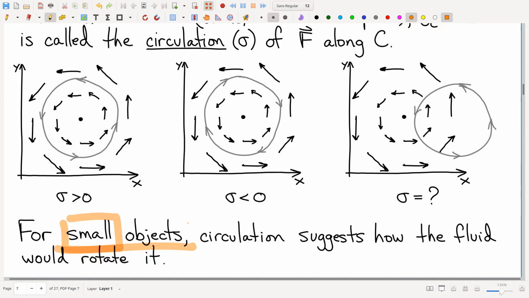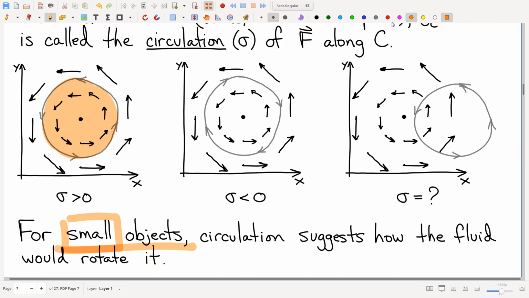So on a small object, such as, for example, by the way, this being right in the middle of fall, I'm going to imagine an orange fall leaf that has dropped down into some flowing water, right? As you might see in a little creek or something. So our little small leaf, I claim that circulation is going to kind of tell us how this leaf is going to be sort of rotating as it moves through the fluid.